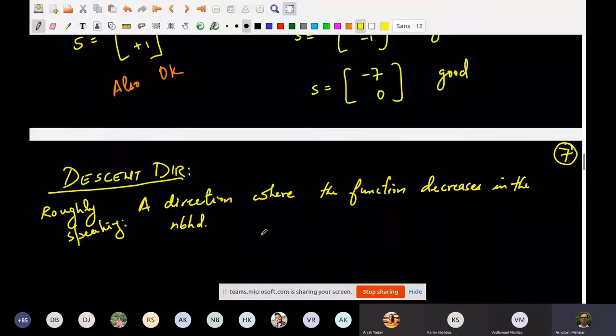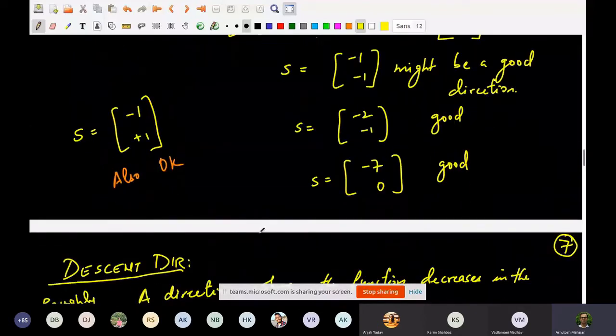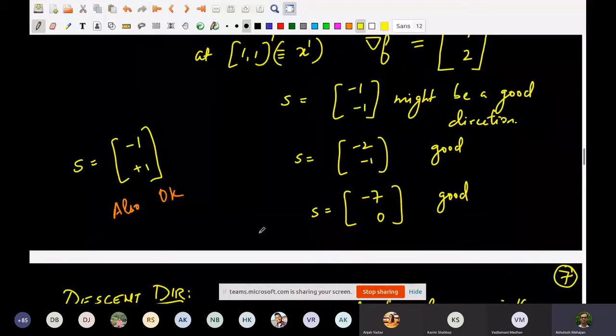So how can you check whether a direction is a descent direction or not?